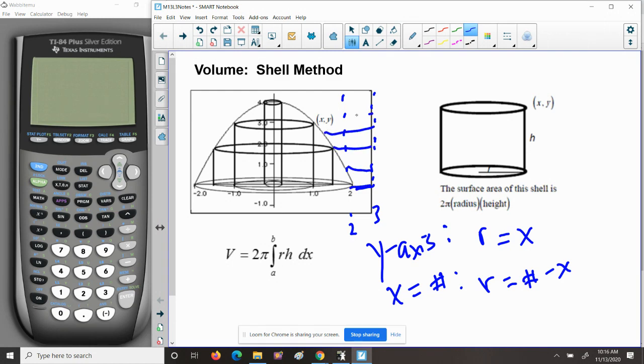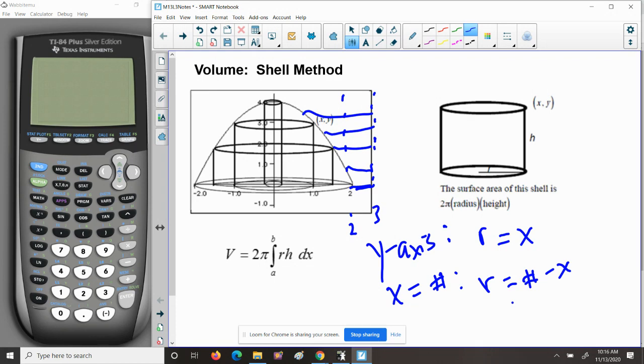So we're talking about 3 minus whatever the x value is to get there. If these are the points x, y, then we would have to subtract the x value to get that radius. And so that's why the radius, when we're going around an x equals a number, like x equals 3, is always that number minus x.